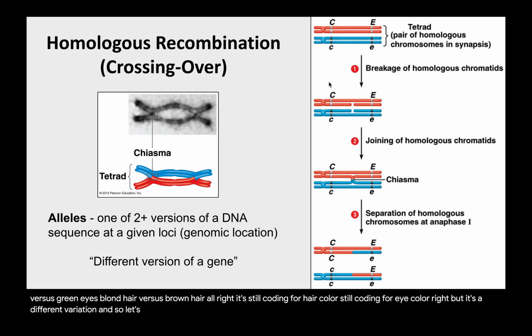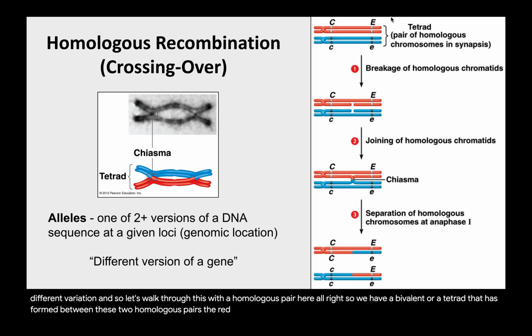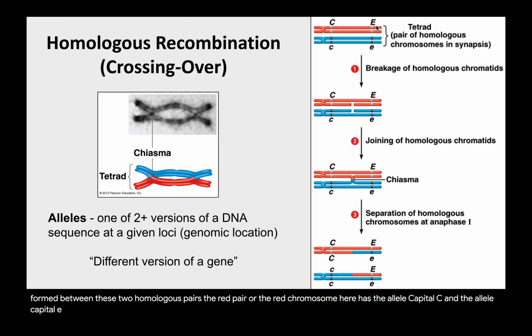And so let's walk through this with a homologous pair here. We have a bivalent or a tetrad that has formed between these two homologous pairs. The red chromosome here has the allele capital C and the allele capital E. The blue chromosome here has the alleles little c and little e.